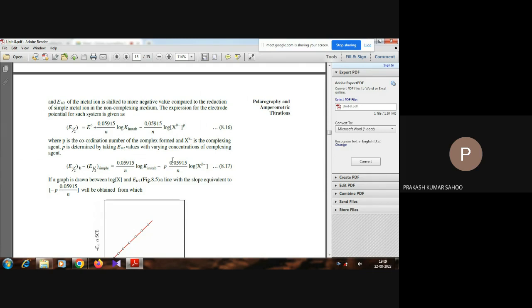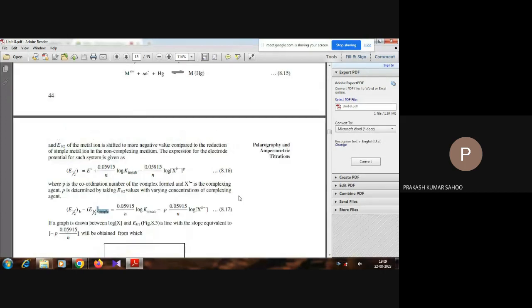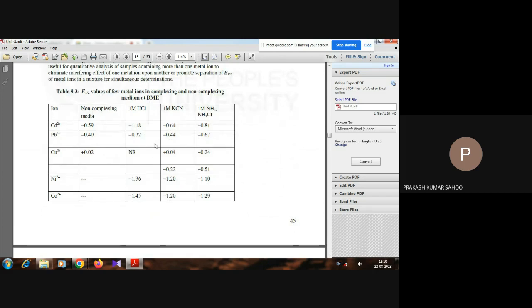deductions, say from some, like here is the sample and here is the instability ion. Then we have versus standard calomel electrode and log X, concentration of the complexing part, and we have this one, that is the half-wave potential value of the metal ion in complexing as well as non-complexing medium in DME.